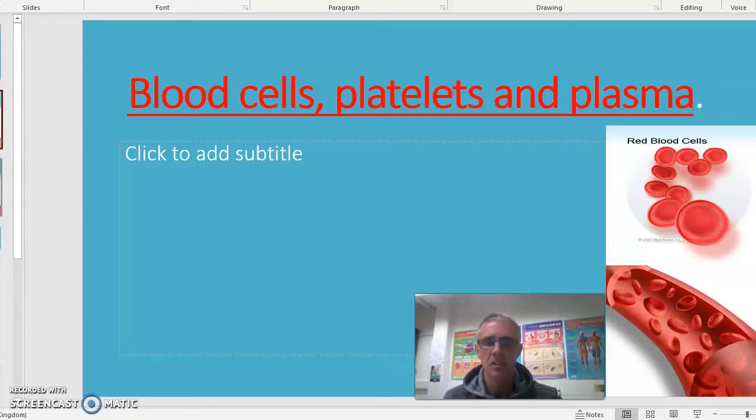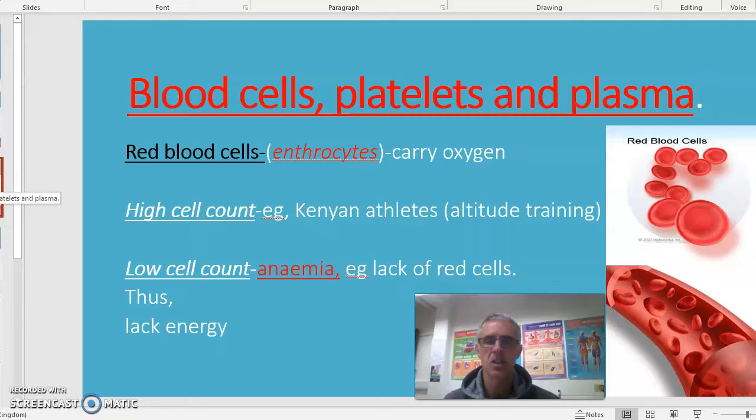So, blood cells. We're going to start off with red blood cells. Write down red blood cells. You don't have to write this long word, but this is the posh word for them, just in case it comes up in the exam and you think, oh my god, Mr. Arnold never told us anything about that: erythrocytes. But basically red blood cells, and the thing we need to know about them is that they carry oxygen.